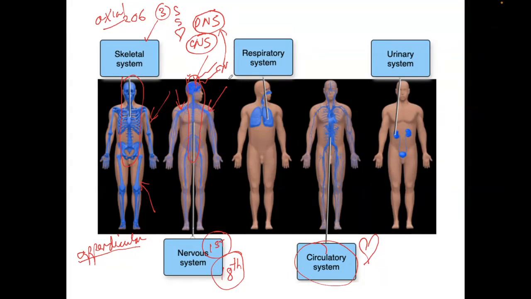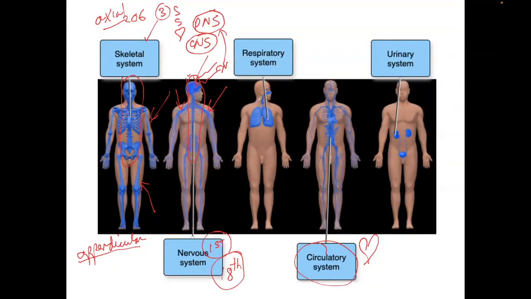Spinal nerves, nerves that come off the spine, those are also part of the peripheral neural system. The central neural system is only brain tissue and spinal cord. Anything peripheral to that is part of the peripheral neural system. The neural system is the control center of the human body. It's the processor, especially the CNS.